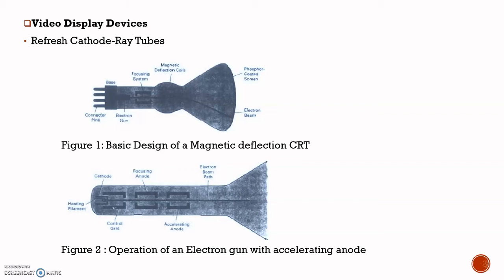The maximum number of points that can be displayed without overlap on a CRT is referred to as the resolution. High resolution systems are often referred to as high definition systems.